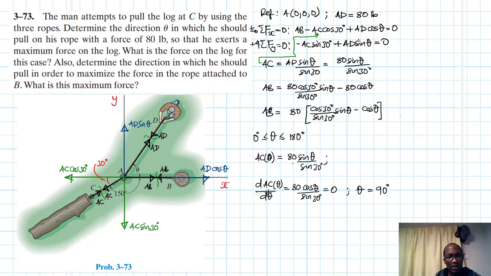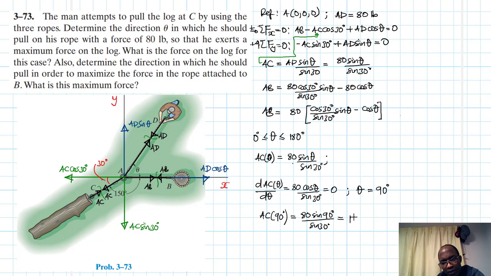and we want to calculate the value of AC. So what is AC at 90 degrees? AC at 90 degrees is sine 90 divided by sine 30 times 80.